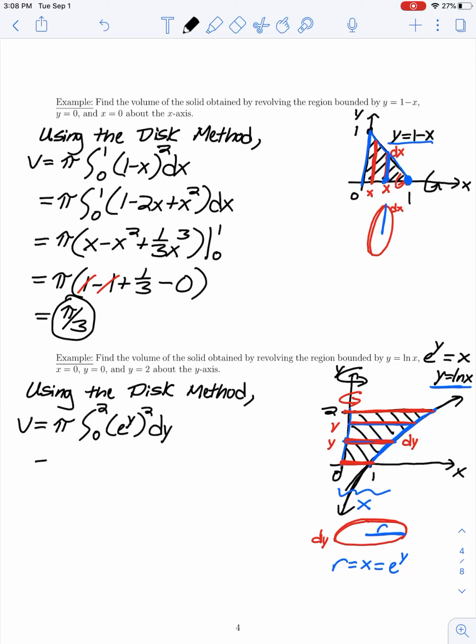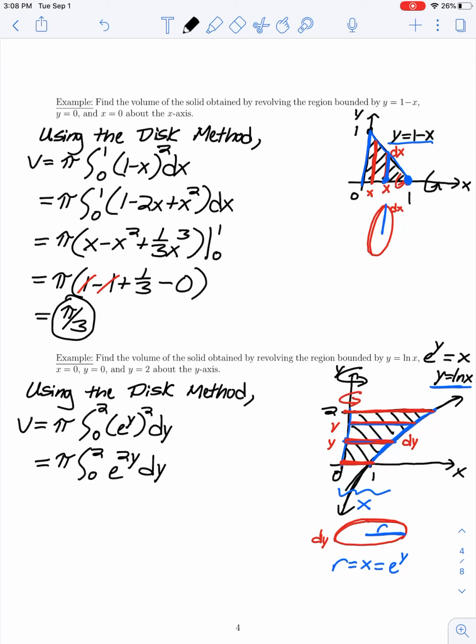So before I integrate, I'm going to simplify the integrand a bit. I've got pi times the integral from 0 to 2, and e to the y squared is e to the 2y. We're integrating with respect to y.